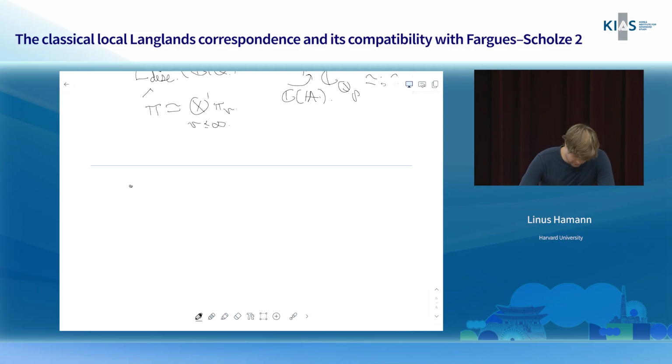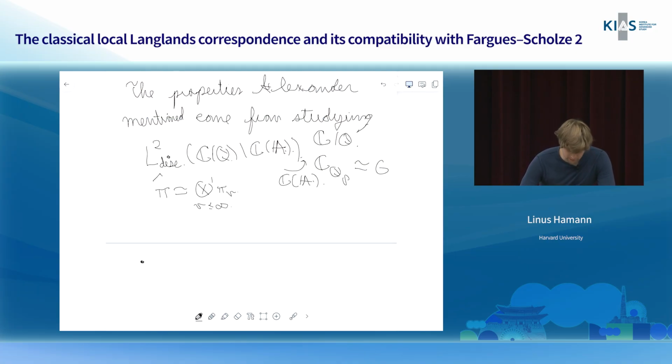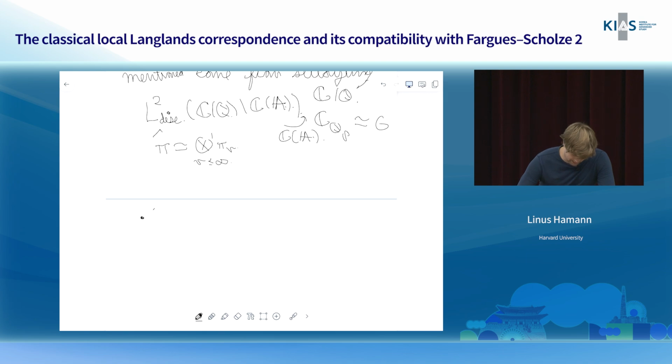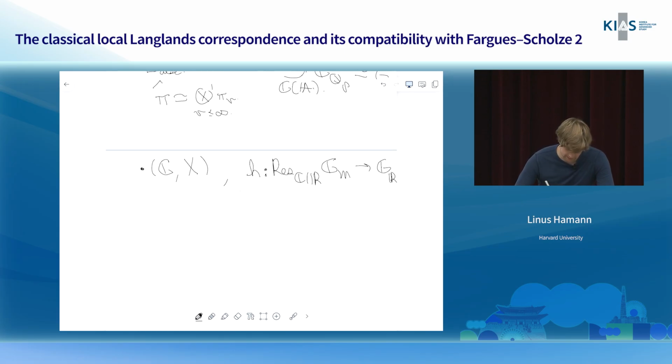In particular, you can consider what's known as a Shimura variety. This is a pair of some connected reductive group G and some co-character X, where X is a conjugacy class of co-characters from what's known as the Deligne torus to G of R. This captures some information about the Hodge structures of abelian varieties.